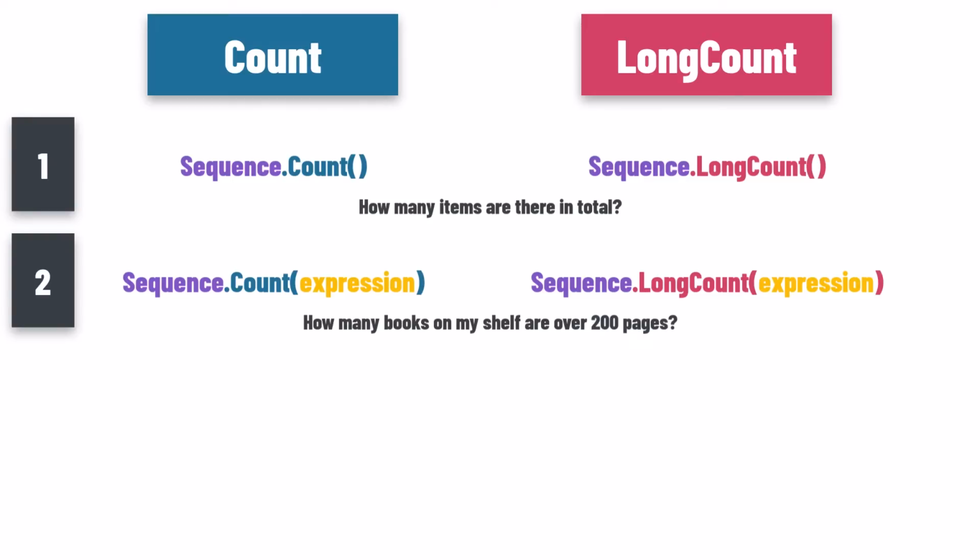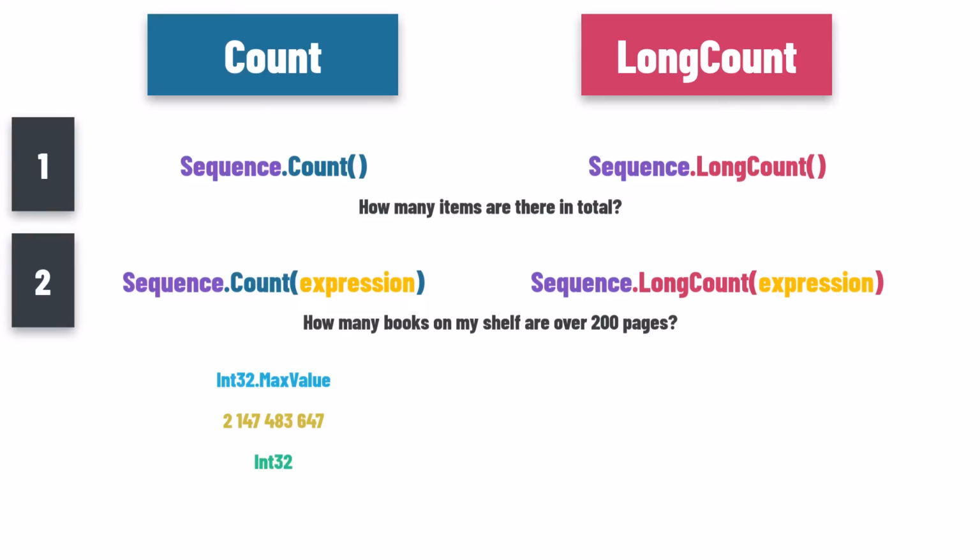Now, here's where they differ. Count is your go-to method for most collections, but it has a limit. It can only count up to Int32.MaxValue, which is a really big number, but not infinite. The result you get back is an Int32, a standard integer. On the other hand, LongCount is like a heavy-duty tool for when you have a really large collection.